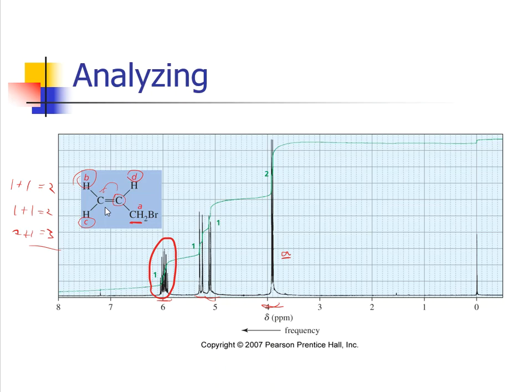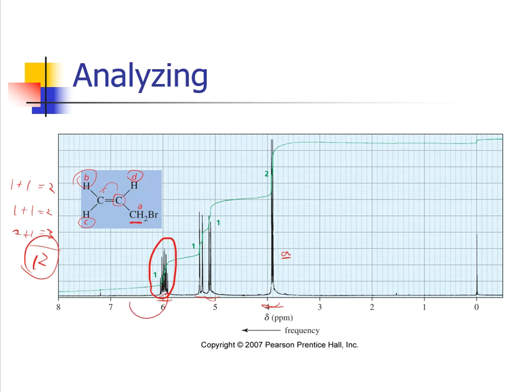And we said that we just multiply all of these together for multiplicity. So 2 times 2 times 3. So 2 times 2 is 4. 4 times 3 is 12. If I do 3 times 2, which is 6, times 2, that's still 12. Doesn't really matter the order that I multiply them in, honestly. It's still going to be a multiplet, and that multiplet here is going to be 12 signals.